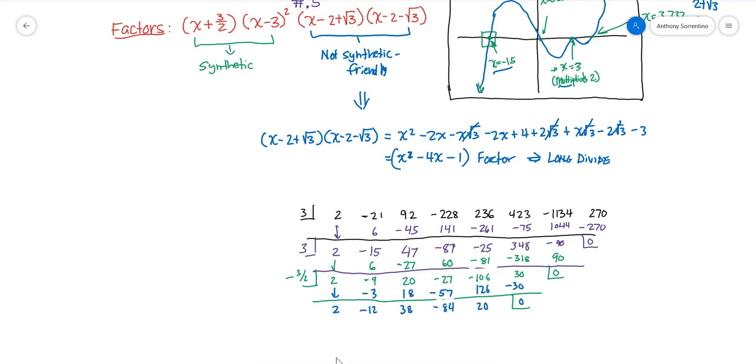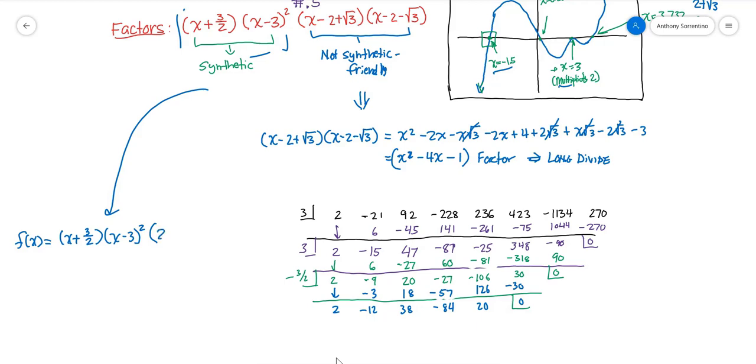But right now, taking care of these, I can now say with the synthetic division that f of x is now (x plus 3 halves)(x minus 3) squared times, now again, going with it, this should be a 5th-degree polynomial.